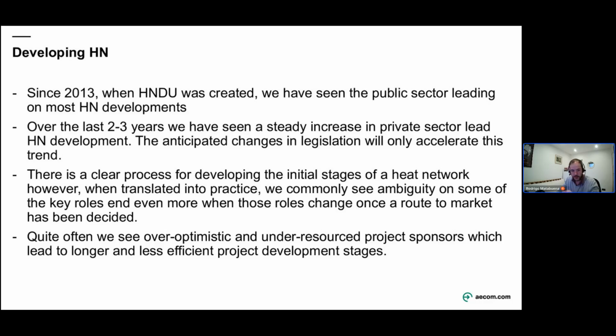Despite a very clear, well-defined process for developing these networks, in the early stages there's some confusion about the different roles that the developer and other parties should take, and most importantly, how those roles evolve as the project moves along.